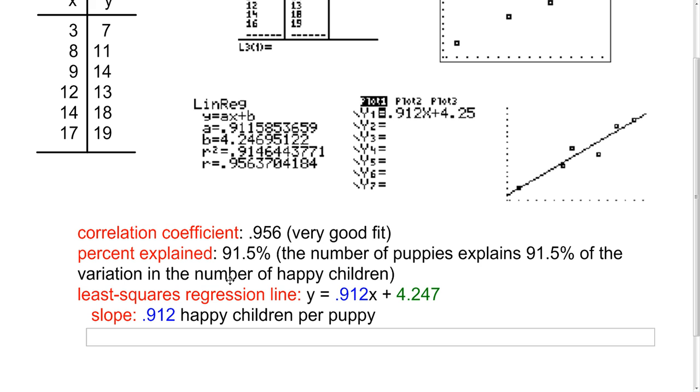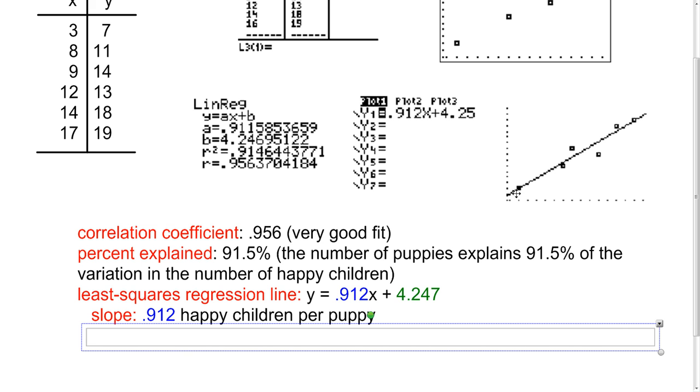And if we want to contextualize that and see what it actually means in words, it's the number of happy children that we get for every puppy that we add. And if you kind of look at this, the number of happy children seems to increase at a rate close to 1 for every puppy we add, but it's a little bit less.